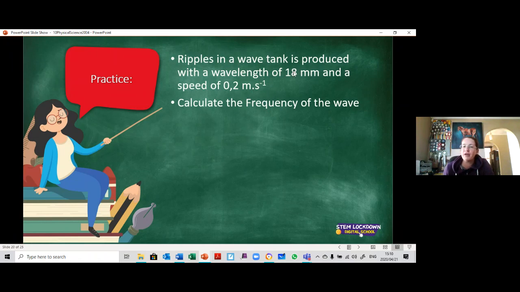I have wavelength and I have wave speed. So I start by writing down my variables, okay? And very important, remember, wavelength must be in meters. So I've got to convert millimeters into meters.